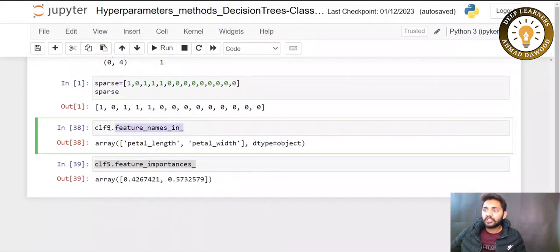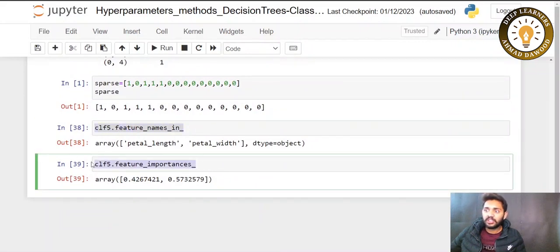Next, you can see the feature names. This is feature importance. If you run the feature importance attribute, it can give you how much importance each feature has, like one is 57% important and the other is 42% important, according to that particular decision tree classifier.